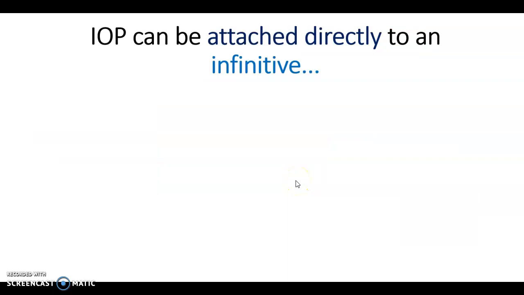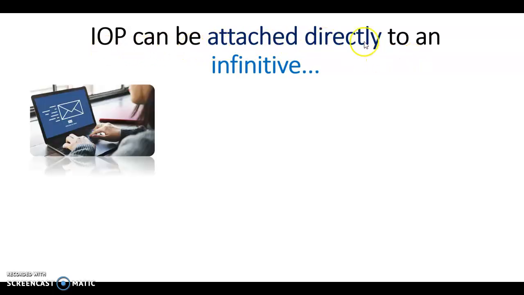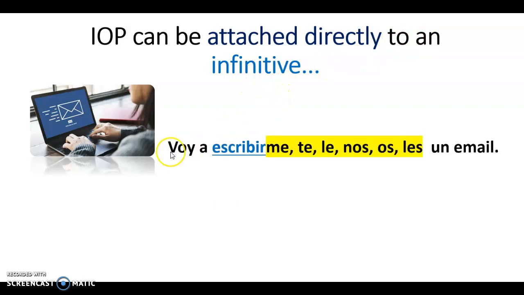But wait, there's other places that it can be put in the sentence. So it can also be attached directly to an infinitive. When would we do this? When you're saying you're going to do something. So I'm going to write an email. So if I'm going to write you an email, I could attach it right to the infinitive escribir.